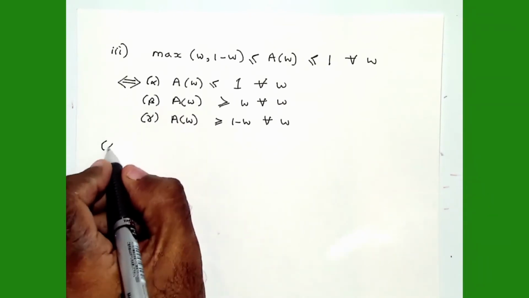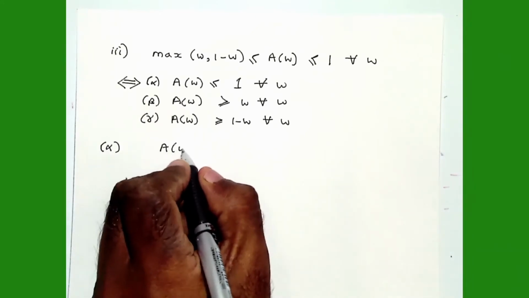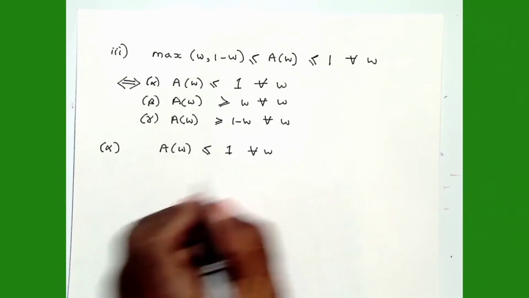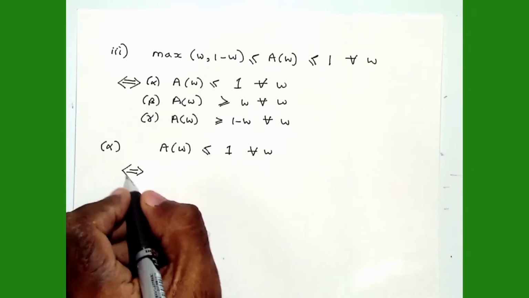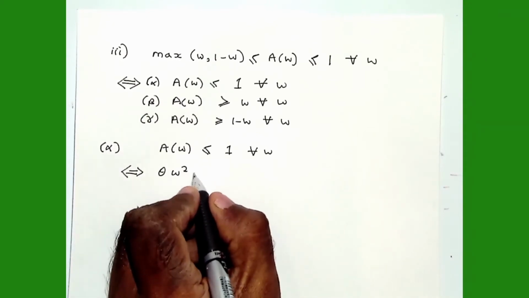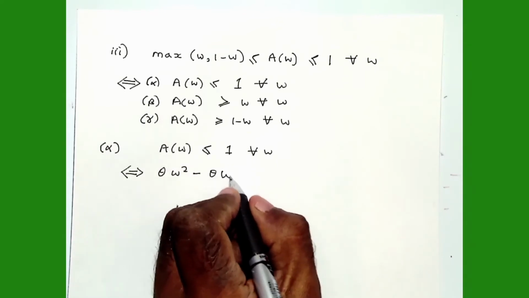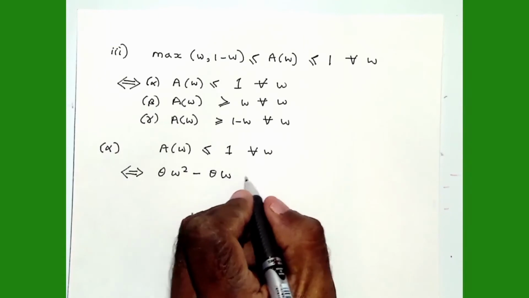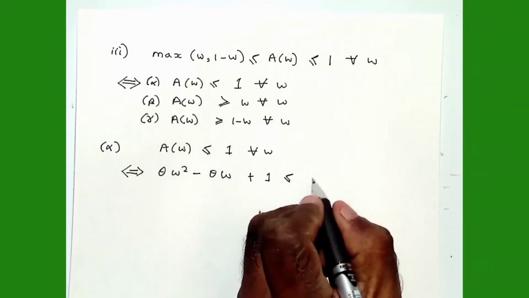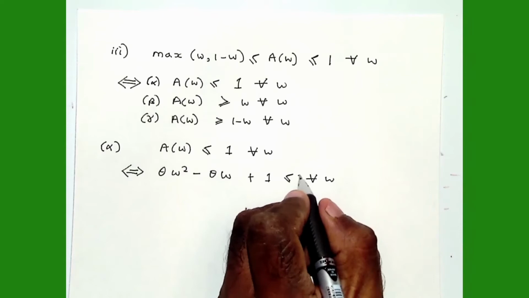Starting with alpha. A of w less than or equal to 1 for all w is the same as wanting to show that theta w squared minus theta w plus 1 is less than or equal to 1.